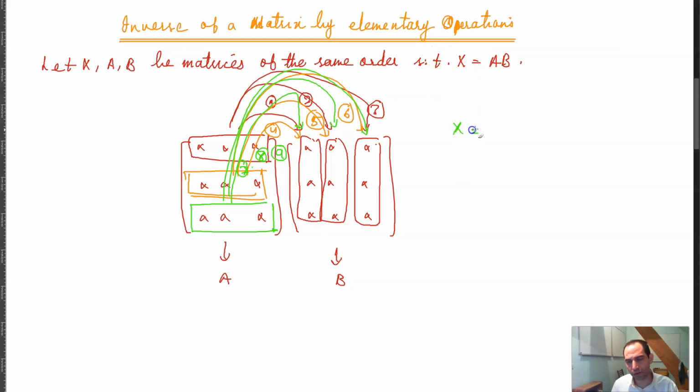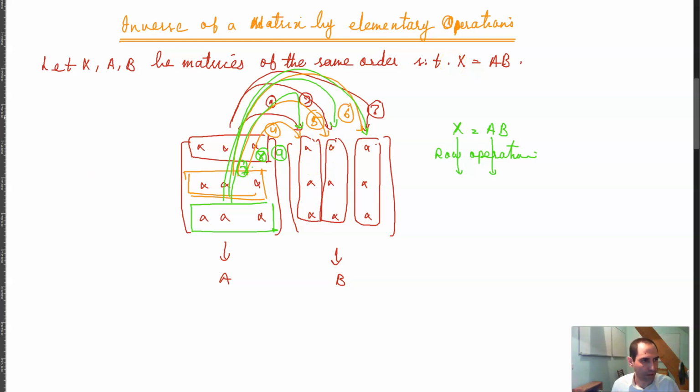So it makes sense that if you have a matrix equation of the form X is equal to AB, the row operations will be performed on X and on A, because A in this equation is dealt with row wise.